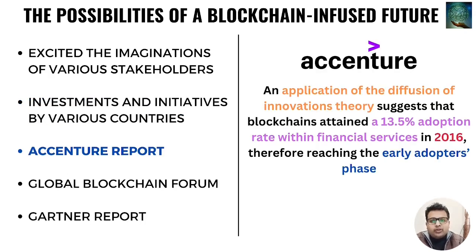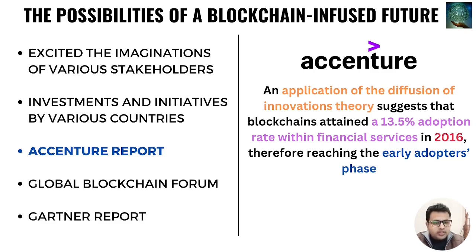Okay, now let's look into the Essential report. According to Essential, an application of the diffusion of innovation theory suggests that blockchains attained a 13.5% adoption rate within financial services in 2016. In 2016, the adoption rate of blockchain was 13.5%, and therefore it reached the early adopters phase.